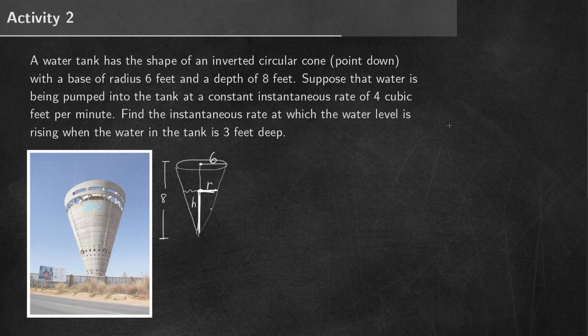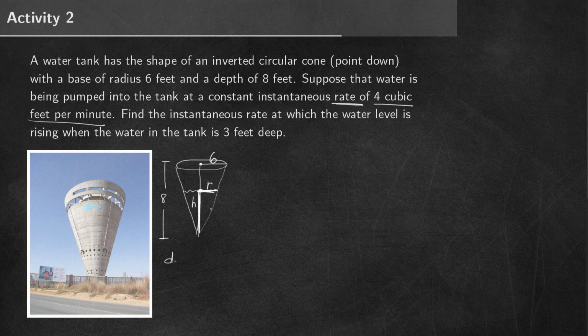Step 2, we write down the rate that we're given and the one that we're trying to find. So let's go back to our problem. It says water is being pumped into the tank at a constant instantaneous rate of 4 cubic feet per minute. Cubic feet per minute is describing volume. So I know that rate, the 4, is describing the change in volume with respect to time.